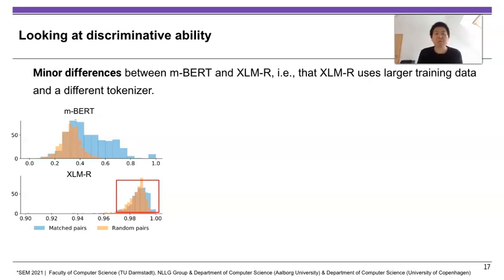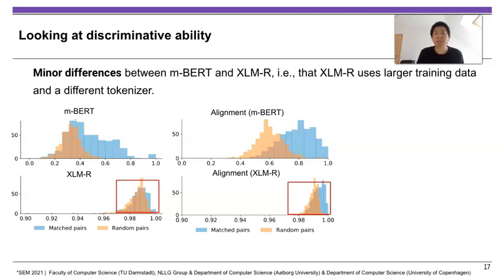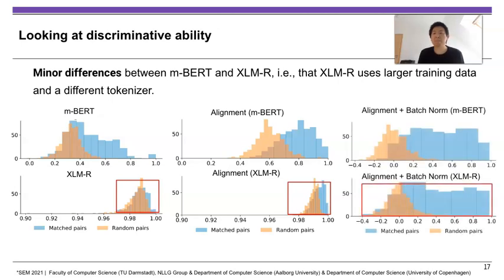Interestingly, we found XLM-R cannot distinguish them very much, and after alignment, XLM-R still cannot do so. But we also see batch normalization really helps. So we believe this is the reason why batch normalization leads to much more consistent performance gains than cross-lingual alignment.